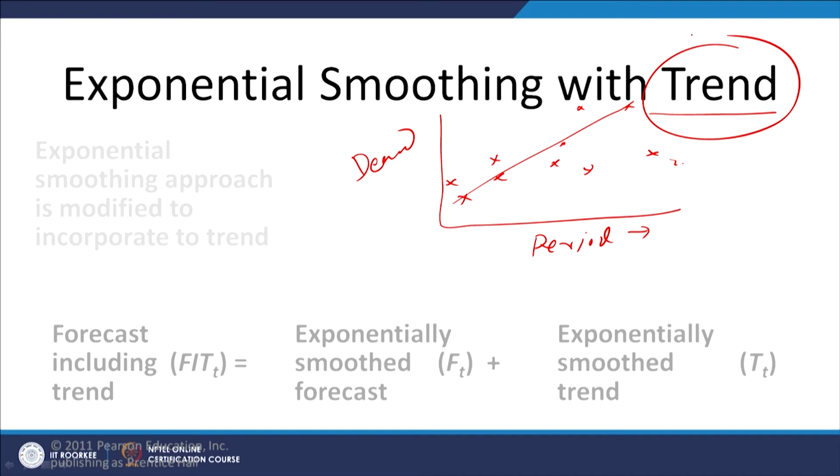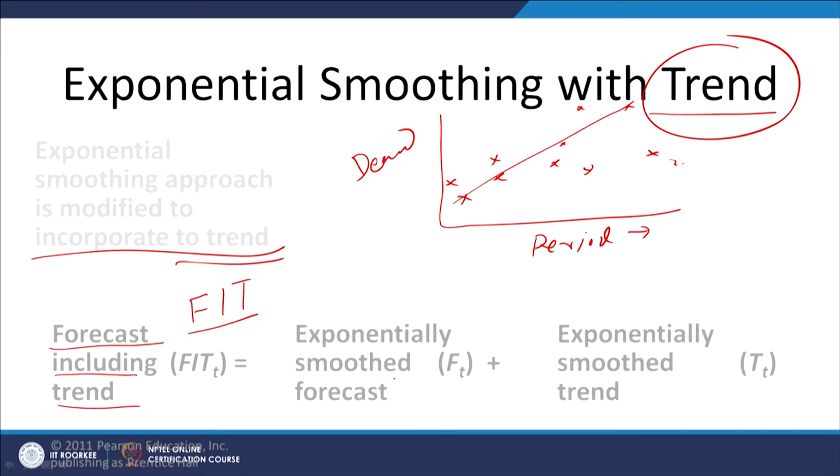Now, we will see how to incorporate the trend in the forecasting. For that, the exponential smoothing approach is modified to incorporate the trend component. Here it considers the forecast including trend. It considers two things.